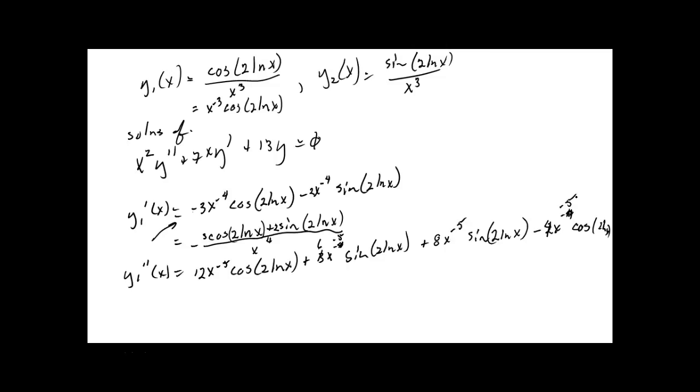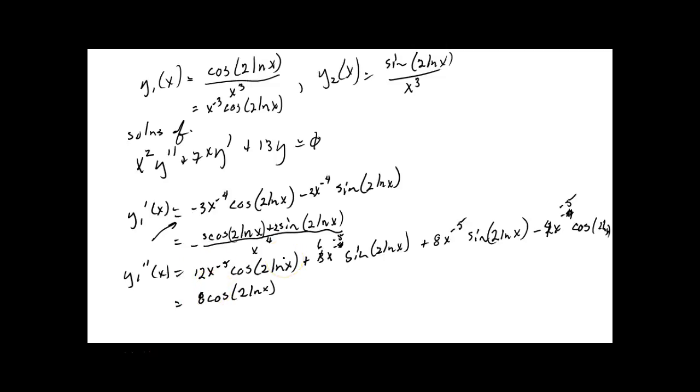All right. Let's see what we've got now. Okay. Who wanted to do this anyway? Whose idea was it, huh? Okay. But you see, coming up here, you have, this is a 12 cosine 2 log x, and here we have a minus 4. So that's going to leave us an 8 cosine 2 log x, okay, over x to the 5th.